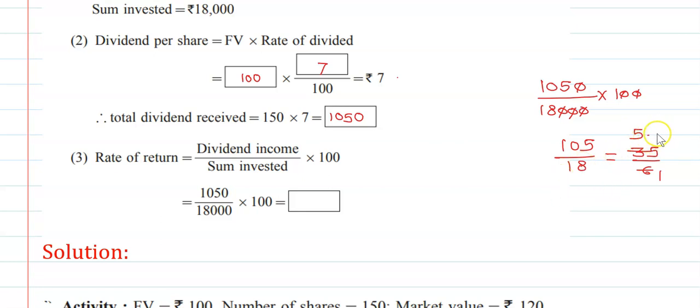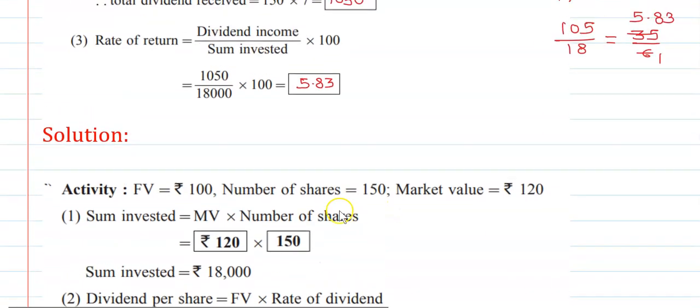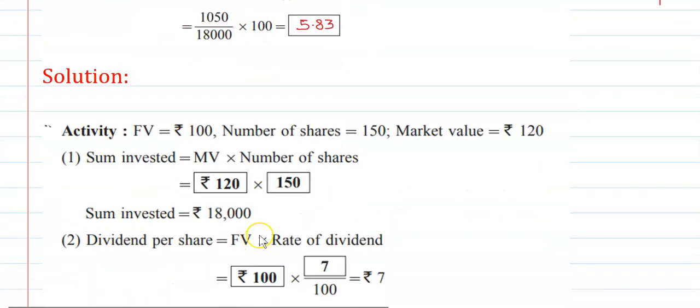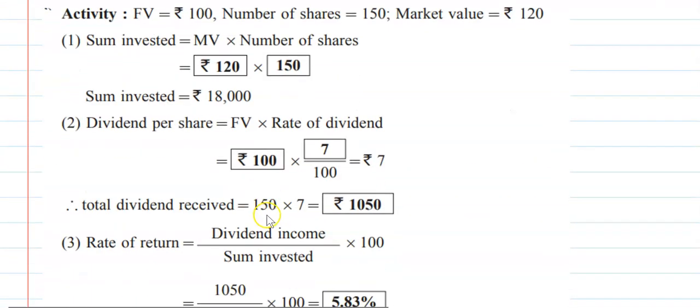5.83%. Therefore, the rate of return is equal to 5.83. Now the answer: 120 into 150, 18,000.